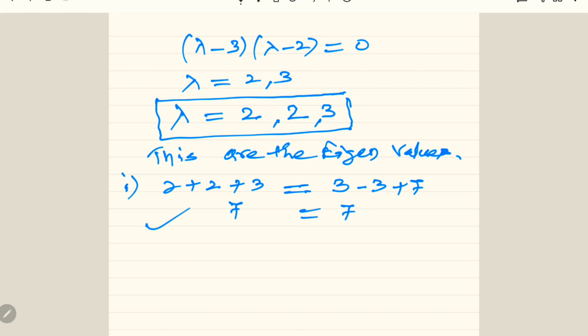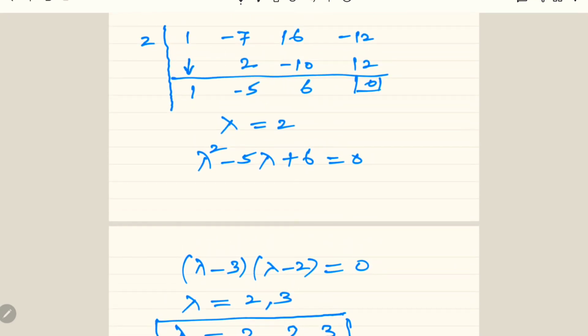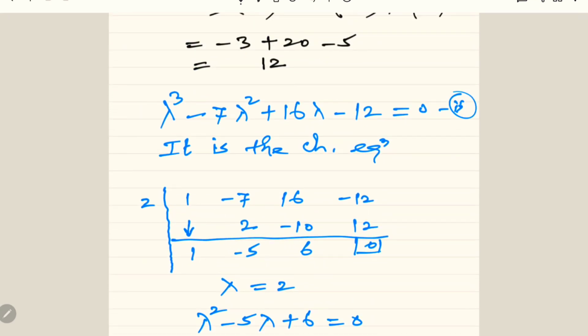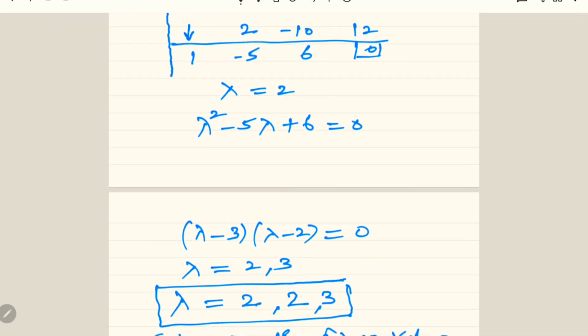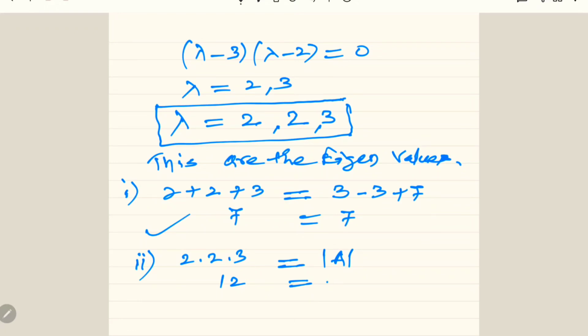First property is satisfied. The product of these eigenvalues, that is 2 into 2 into 3, 4 times 3 is 12. And if it is equal to the value of the determinant of A, what is the value of the determinant of A we obtained? It is 12. And therefore we get 12 equals 12, means the second property is also true.